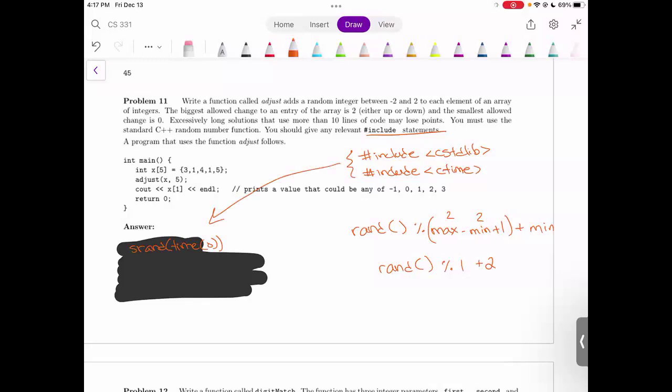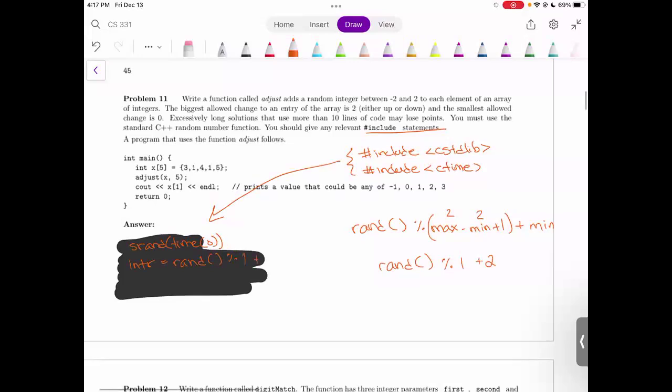And we can say int r equals rand() mod max minus min, so 2 minus -2, plus 1, plus the min, which should be a negative, sorry. So it's 5, plus 2, so this should be 5.